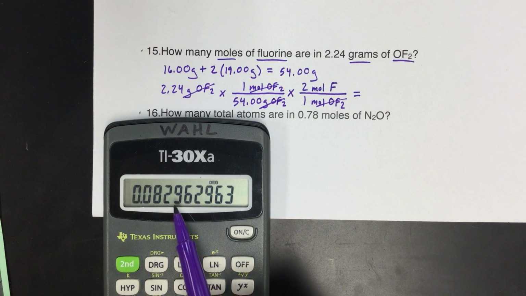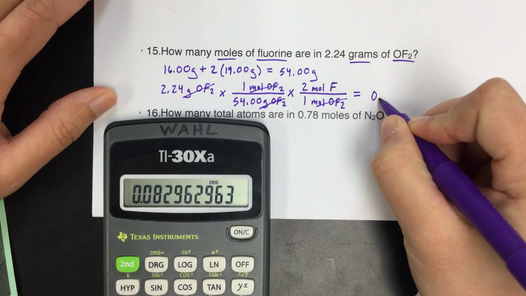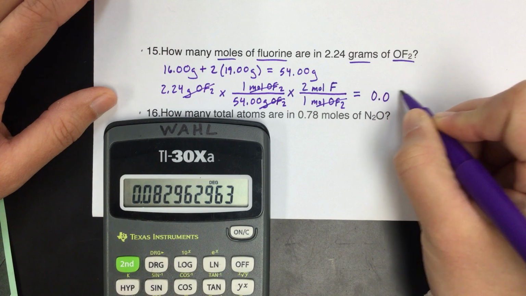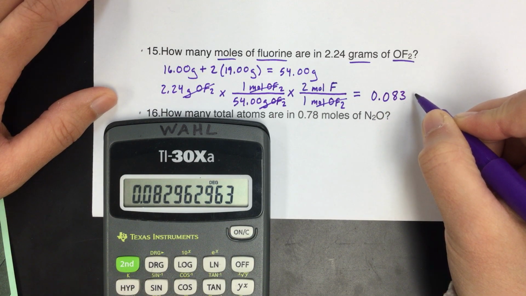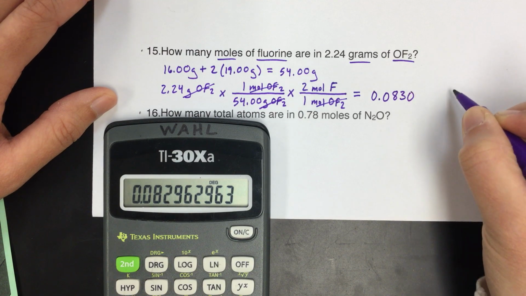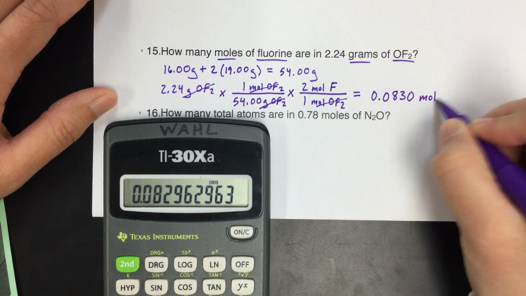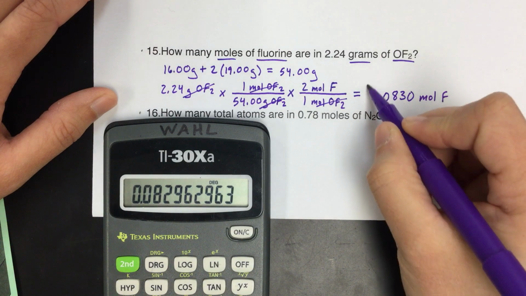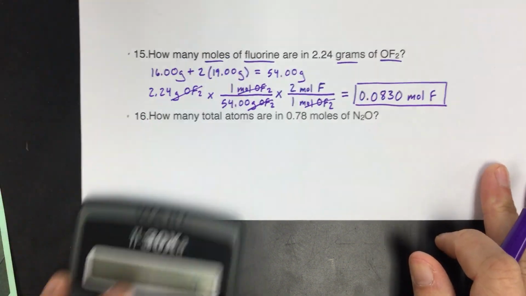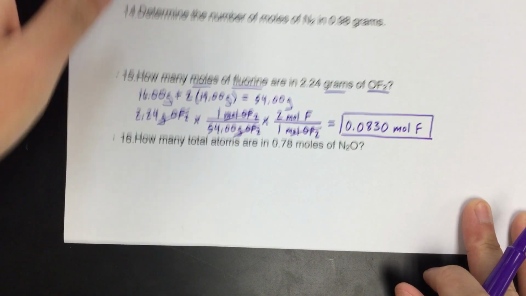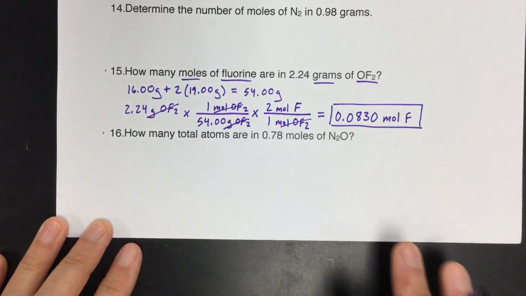So we're going to have to round this up. So the 9 gets rounded up, which means this gets rounded up to a 3. This is a tricky rounding one. This is good practice. So it's going to be 8, 3, and then to make one more significant figure, we need to add a 0. And the units are moles of fluorine. Oof, that's a tricky one. If you can get that, you are in good shape.